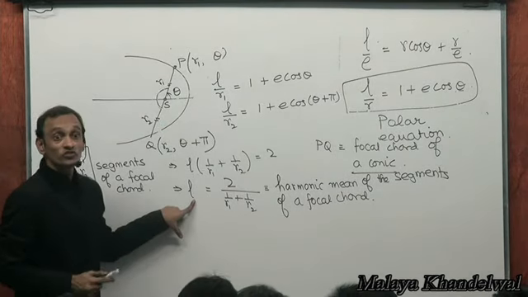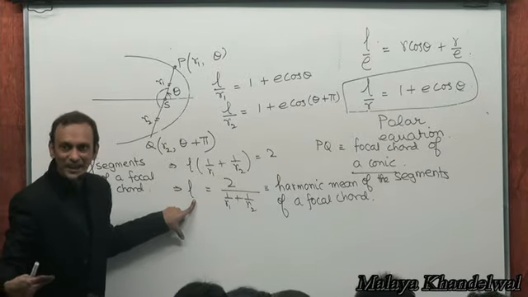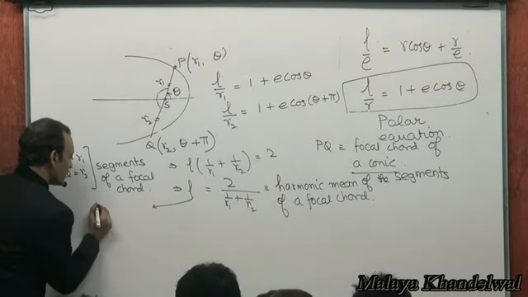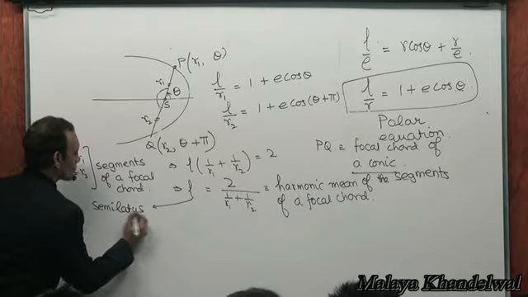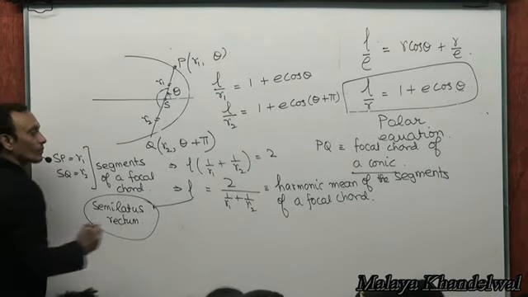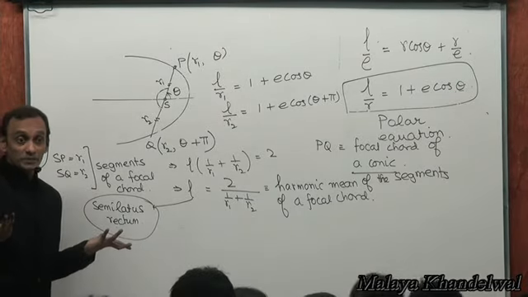And that's always a constant. L is a constant because it's a property, the semi-latus rectum. This is true for all conic sections: parabola, ellipse, hyperbola.